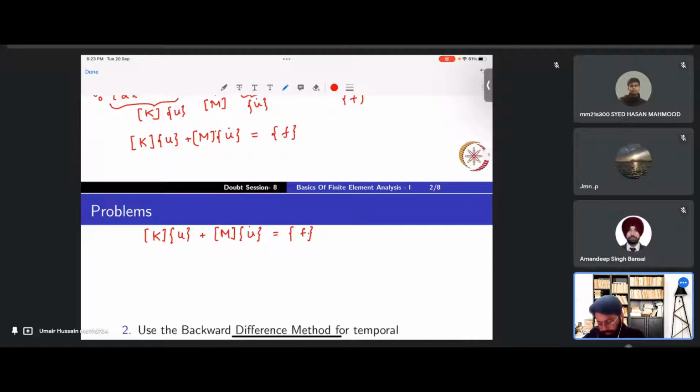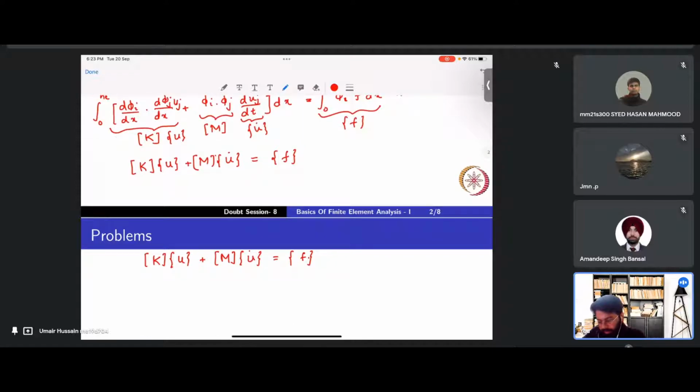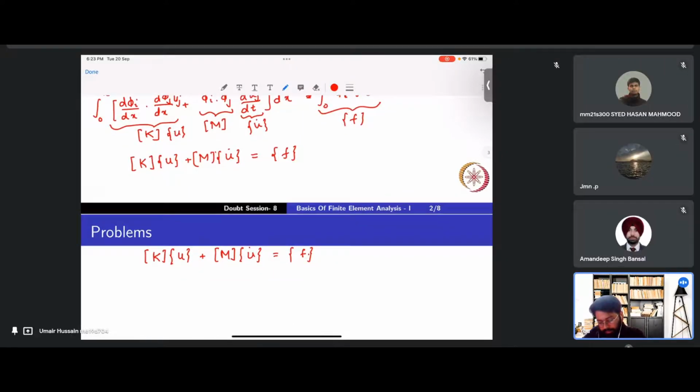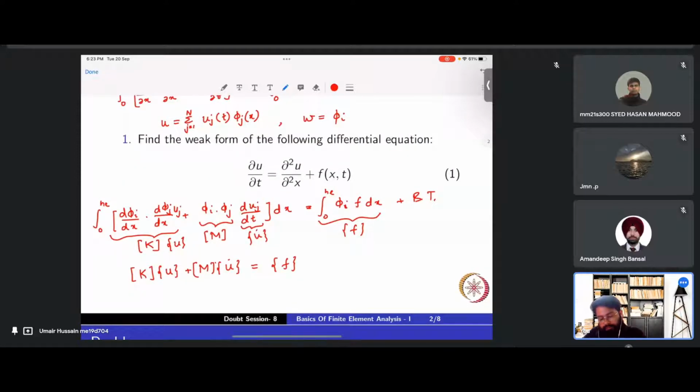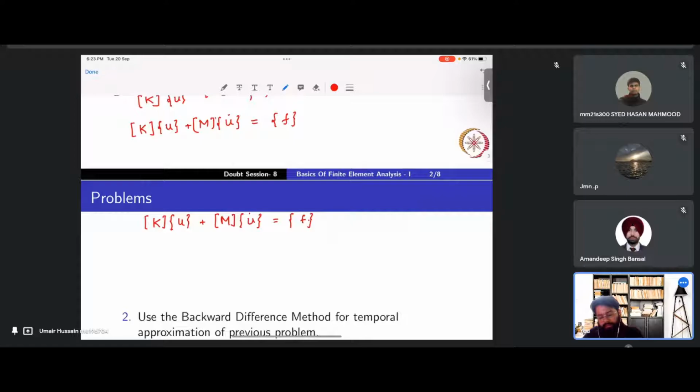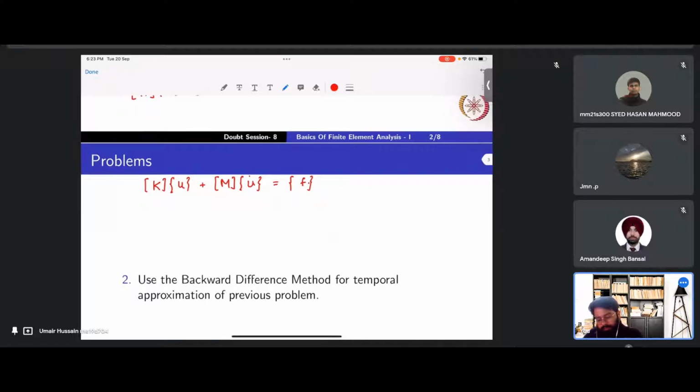Out of these, k is not dependent on time, so we need not care about it. u would change with time, so we need to worry about this. m won't be dependent on time, and of course u dot would be dependent on time, and f is also dependent on time. So f is a function of x and t here, so we'll have to take care of f as well.